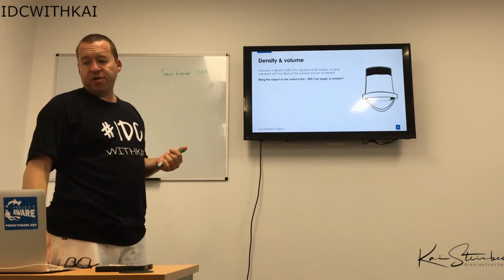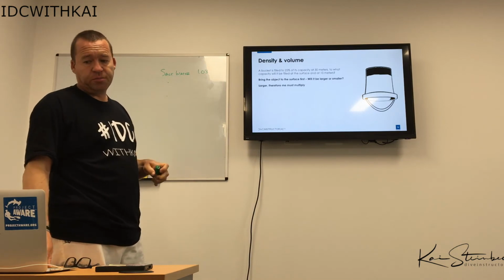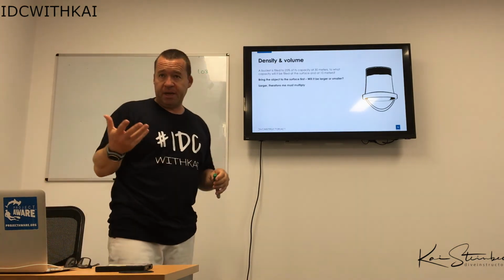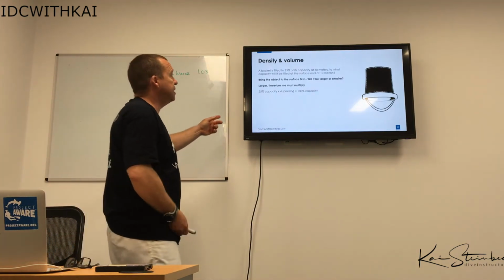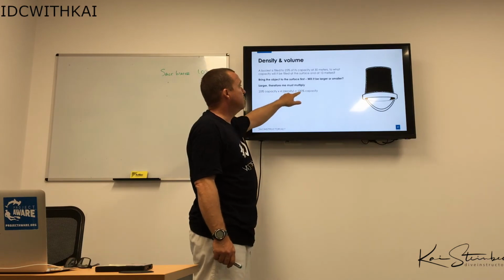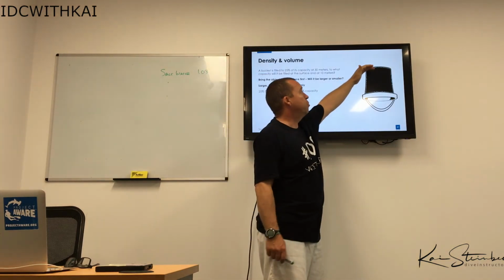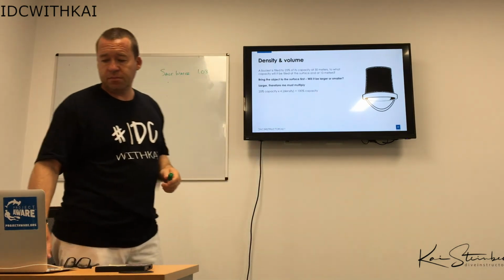If we bring the object to the surface first, will it be larger or smaller? We know it's going to be larger. If something's going to get bigger, I need to multiply. 25% capacity times 4, that's the density at 30 meters, is going to be 100% full. So bringing that bucket back to the surface, it is going to be completely full.